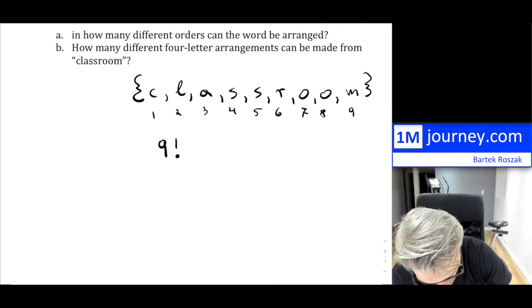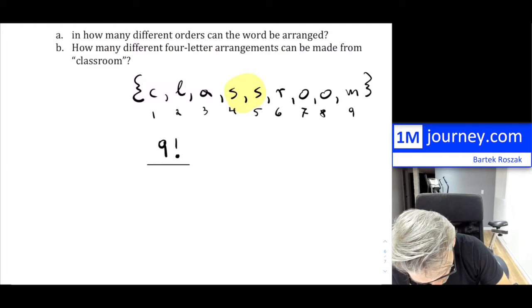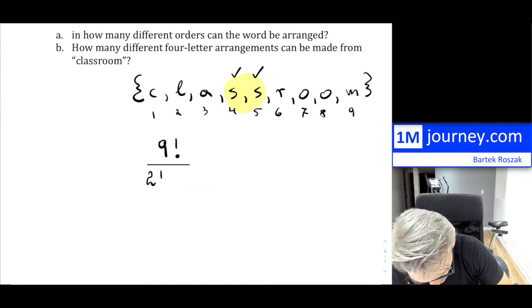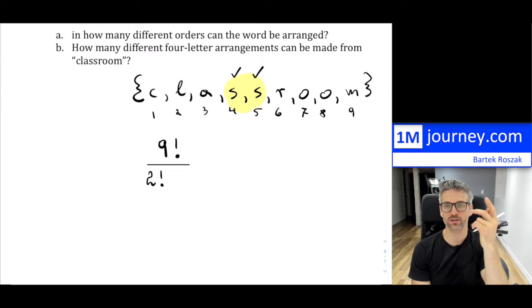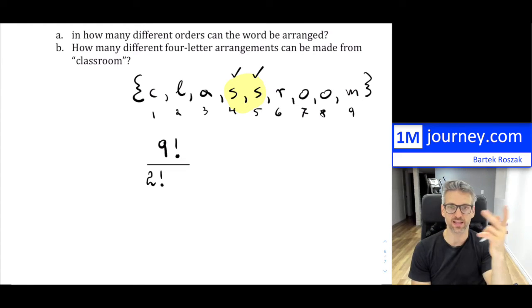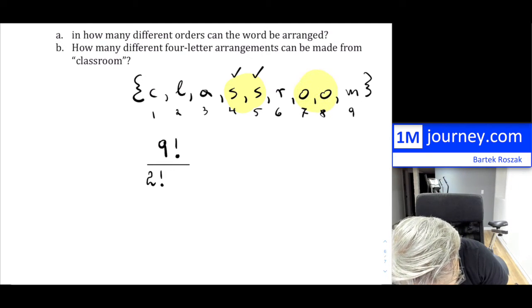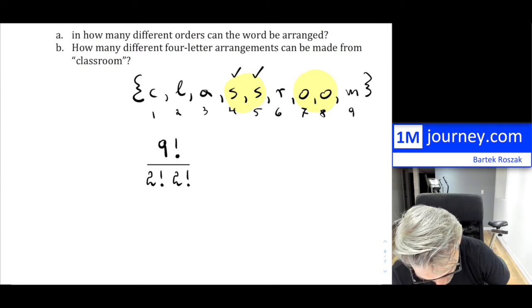But because S is repeating 2 times, we divide by 2 factorial, so that we remove the cases where, say, S is first or S is last. It doesn't really matter, and we don't want to count them 2 times. The same thing applies to the O's, which appear 2 times, so we divide by 2 factorial once again.